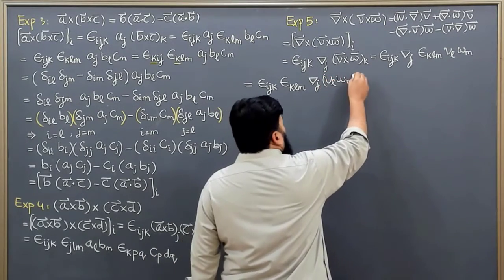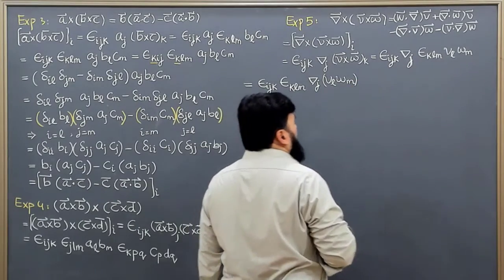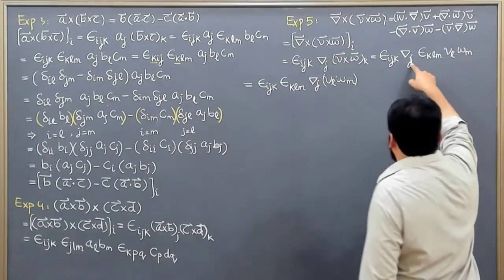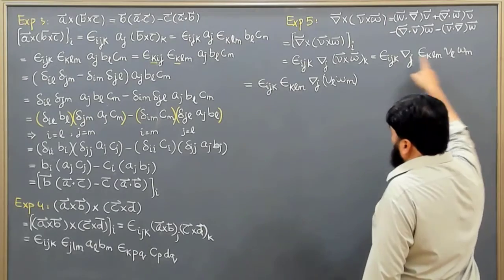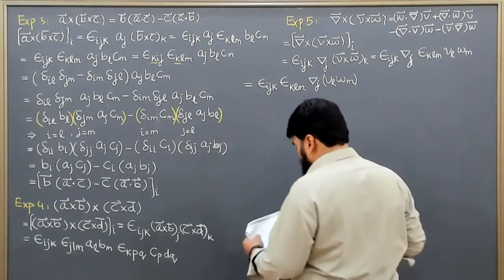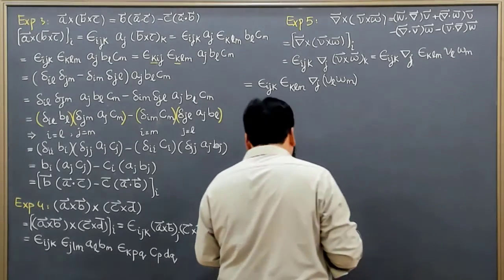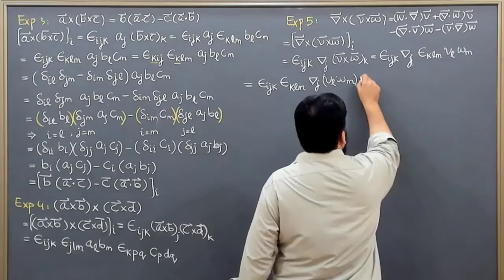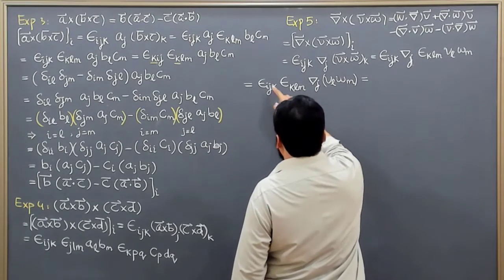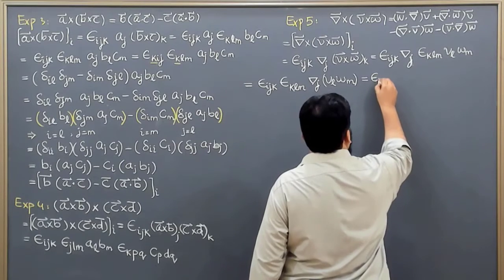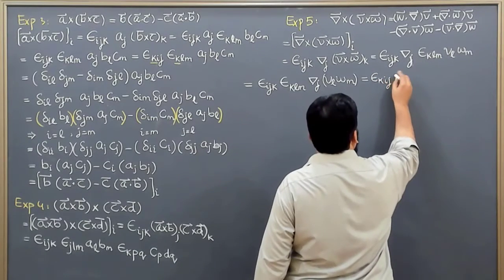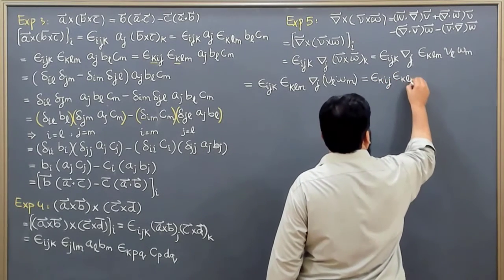Let's keep this one in the bracket because this is a differential which will operate on this one. This we can take out as it's just a number. So this will be equal to, I can convert this one to epsilon kij and epsilon klm.